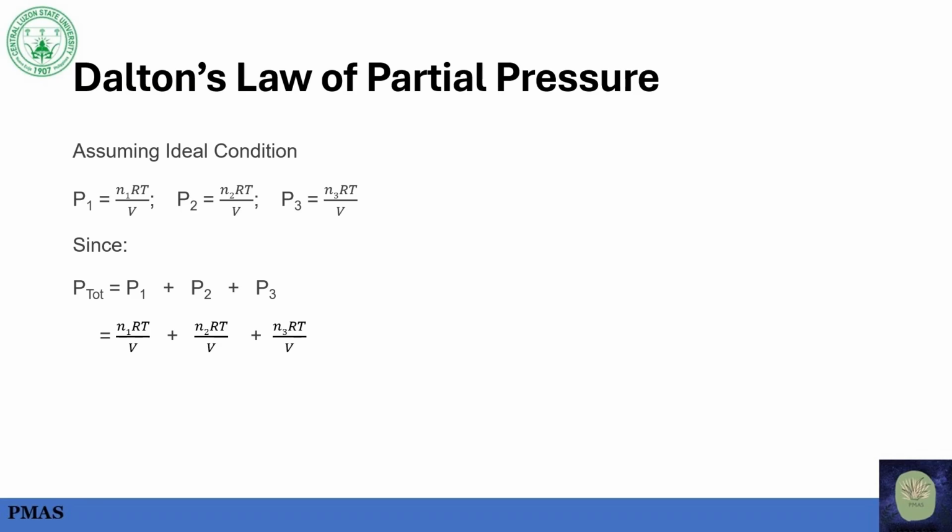Since R is a constant, and temperature and volume are constant, we can factor out or isolate the values of moles. If the summation of pressure is the total pressure, the summation of the moles would be the total moles, right? So the ideal gas equation of the total pressure is equivalent to the total moles multiplied by RT over V.